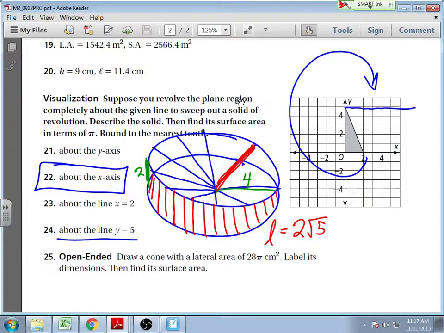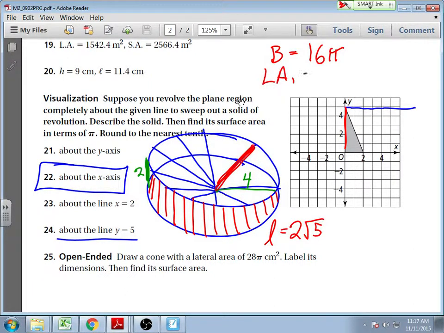So take this portion, only one of them first. We're going to do a big B. Big B is going to be pi times radius squared. Now the radius is 4, so it'd just be 16 pi. You with me for big B? Then the first LA, LA sub 1, is the sides of the cylinder.